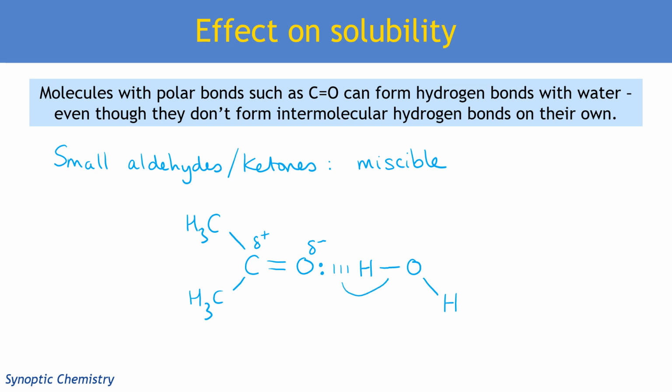So this is my 180 degree angle, and this is my relevant dipole on the water molecule. So sometimes you can get things that form hydrogen bonds with water even though they don't form hydrogen bonds on their own. That's when you get a compound that has a lowish boiling point compared to things that do have hydrogen bonding, but does mix with water.